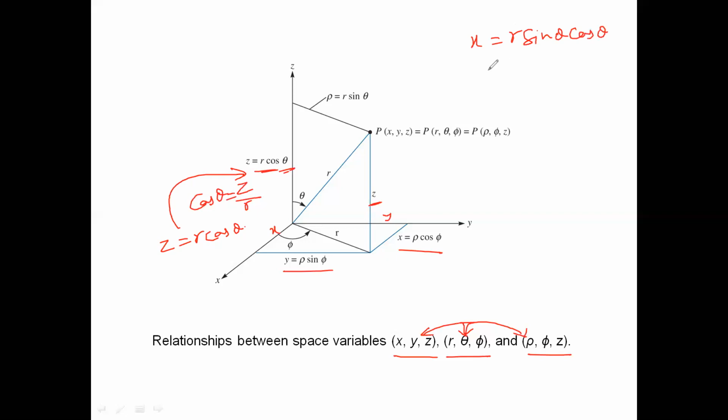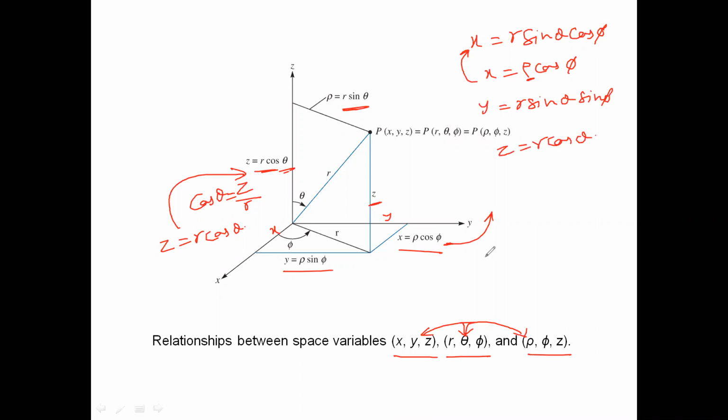If I write x equal to rho cos phi, and substitute the value of rho, which is nothing but r sine theta, we will get this expression once again. In the same manner we can get y equal to r sine theta sine phi, and z equal to r cos theta.